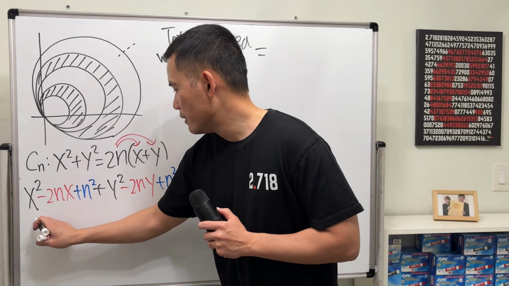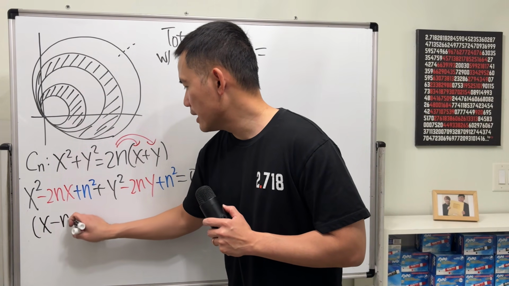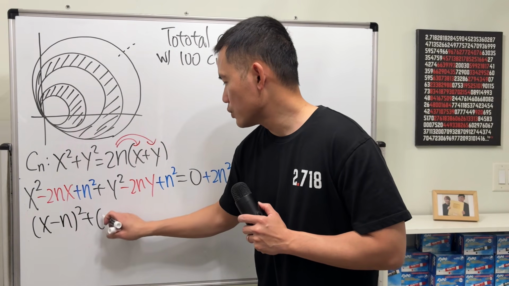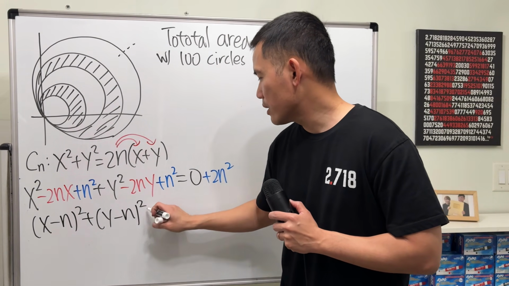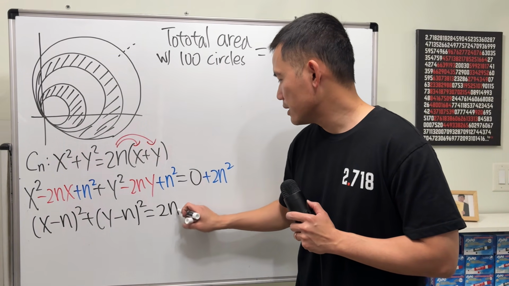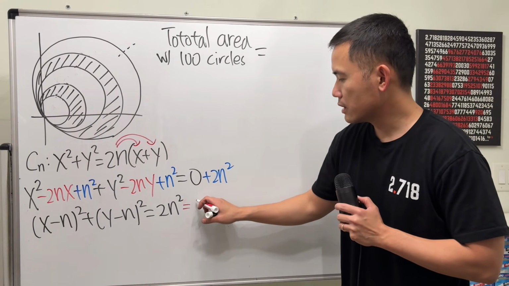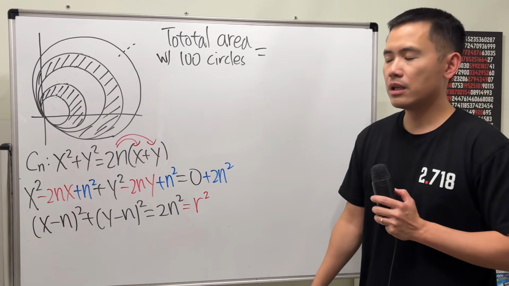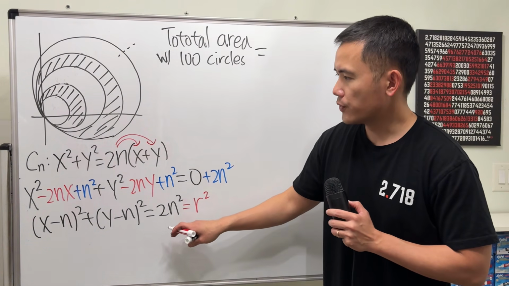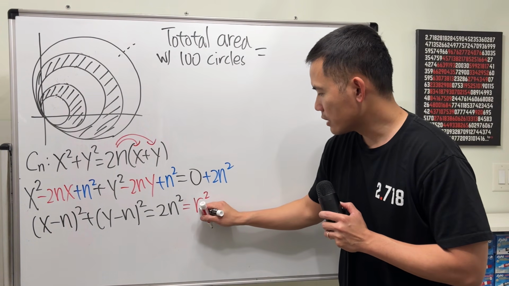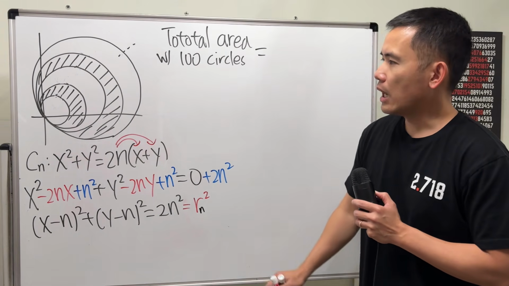Now this, factor it, we get (x minus n) squared plus (y minus n) squared, and that's 2n squared. So right here, I'm going to denote this to be the what? Radius squared. And remember, this is just for some particular n, so I'll put a little subscript here. Now have a look.